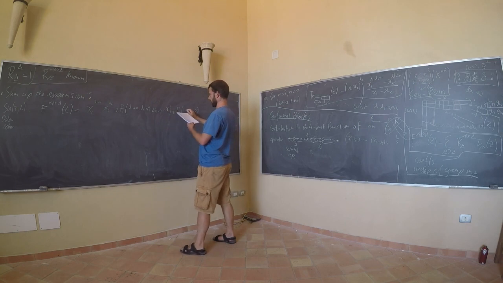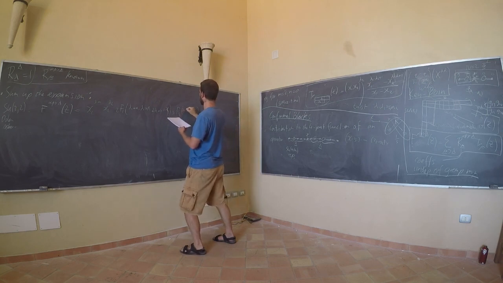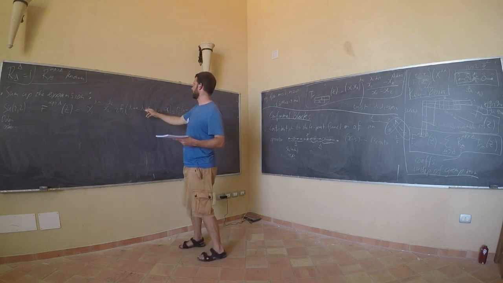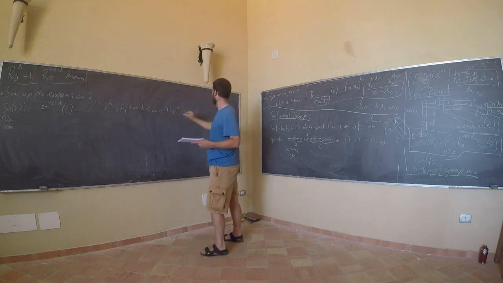So the arguments here are lambda 2 plus alpha minus 1.